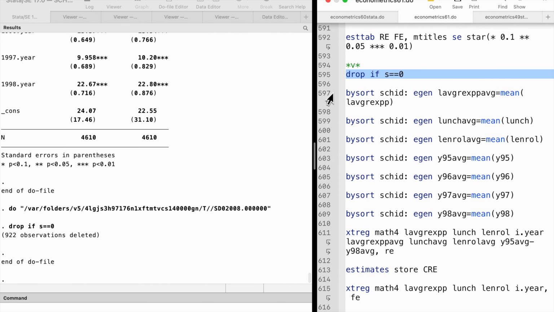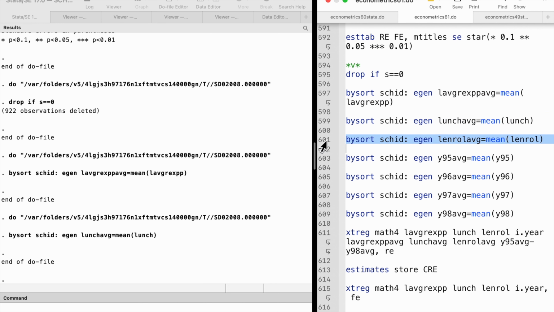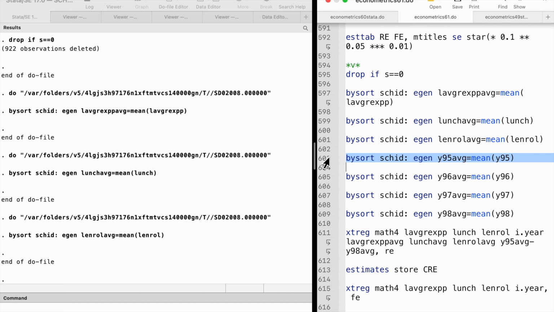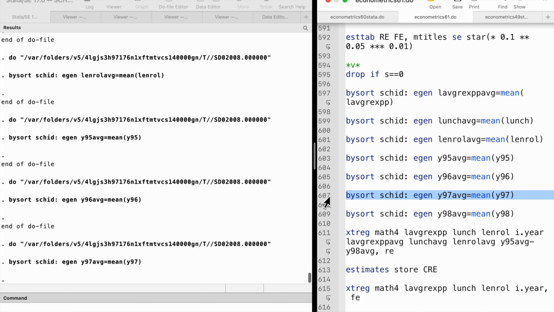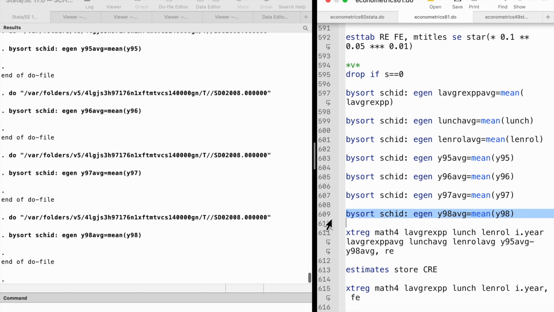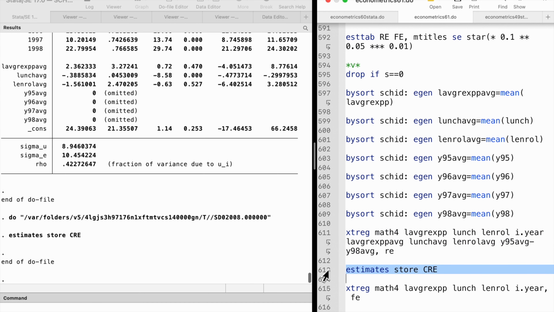We generate the time averages of all the explanatory variables, add them to the model, and estimate by random effects. Remember to drop the observations with missing values using the selection indicator before we calculate the time averages.